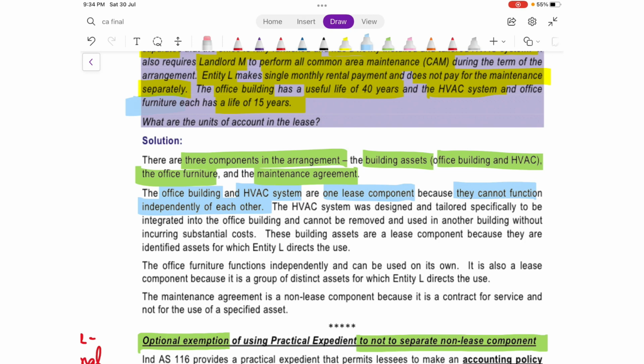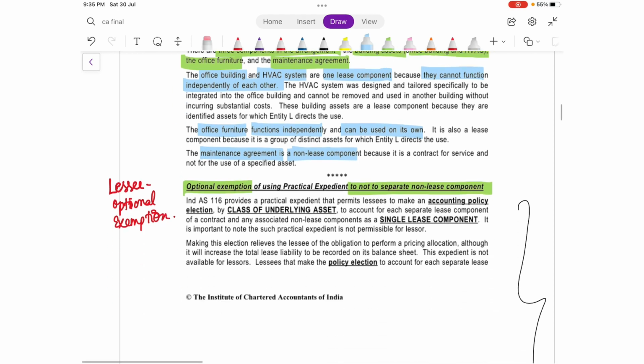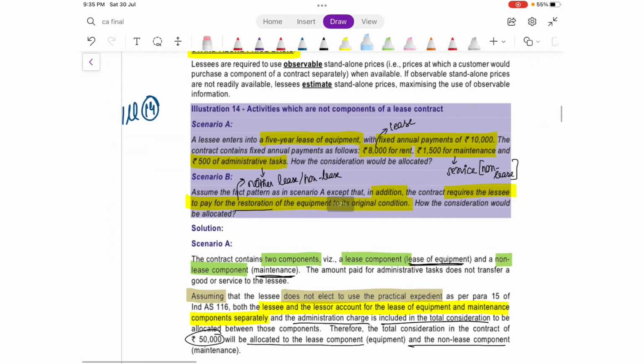You can get the benefit from its use separately, and it is not highly interrelated or interdependent on any other asset. So the office furniture functions independently and will be a separate lease component. The maintenance agreement is a non-lease component, as you all know, because it comes under goods and services. I hope you understood illustration number 13.